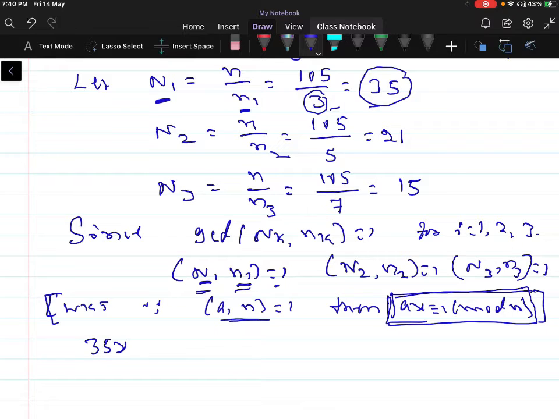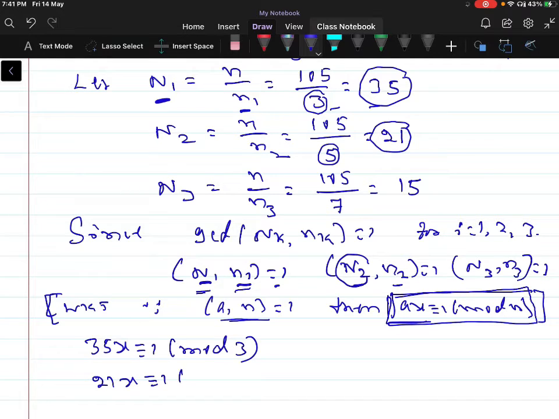35x is congruent to 1 modulo 3. Similarly, GCD of N2 and small n2 is 1, where N2 is equal to 21 and small n2 is 5. So by using this property we can write 21x is congruent to 1 modulo 5.